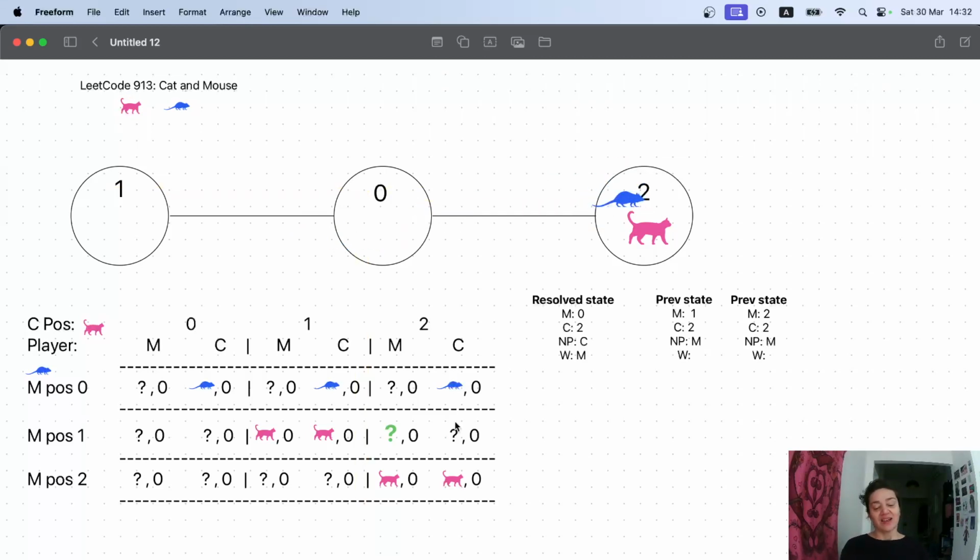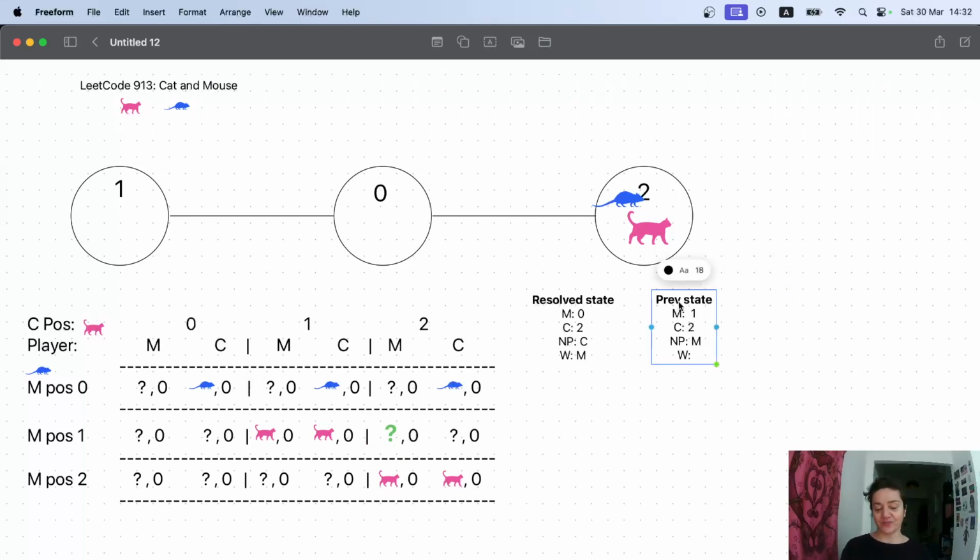So we can see here that if there is already a winner for a state, we cannot override it with a new winner. This is a BFS. When we first reach a state and resolve it, that's the correct result for that state. We can't override it. So this is no. I can't deduce because it already has a winner, this state.